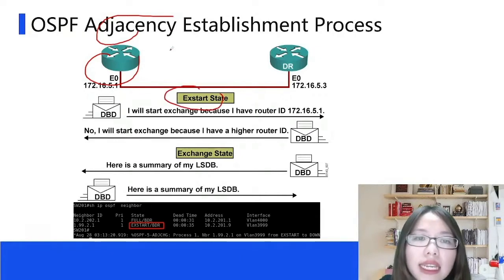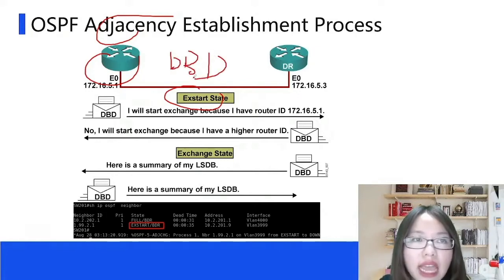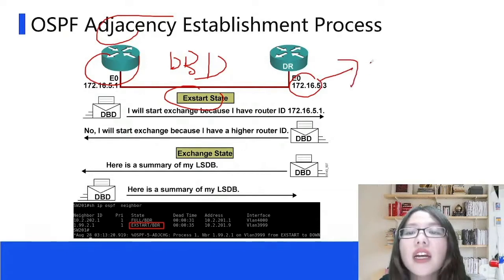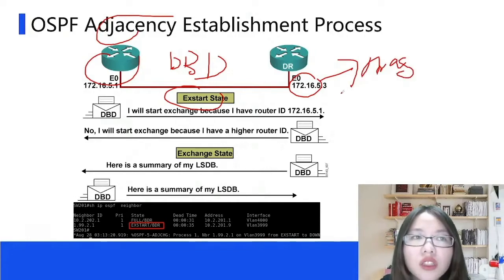The DBD exchange master and slave routers are elected, and the DBD sequence number is defined by the master router. The router with the larger router ID is the master router. The purpose is to solve the reliability of the DBD itself.